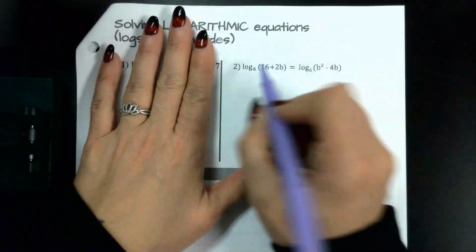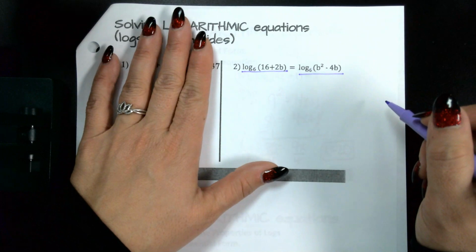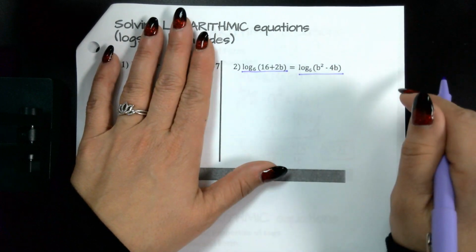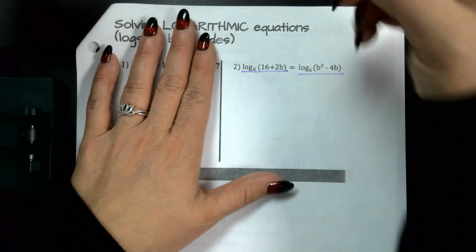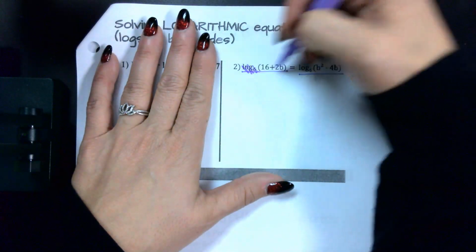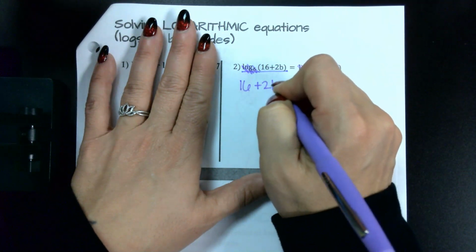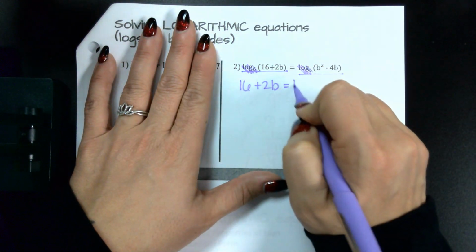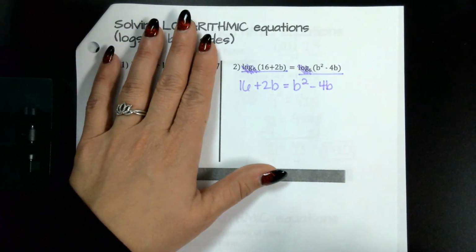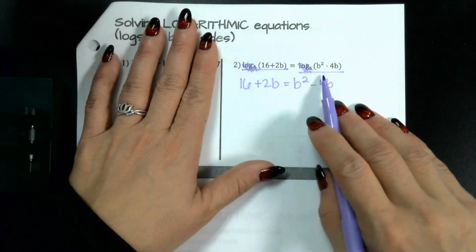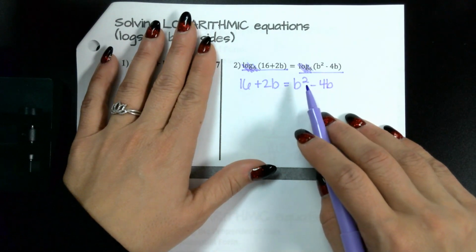Okay, so if you look here, 1 log, right? 1 log per side. So how do I start this problem? 16 plus 2b equals, yep. And since we have a b squared, that's a quadratic, isn't it?